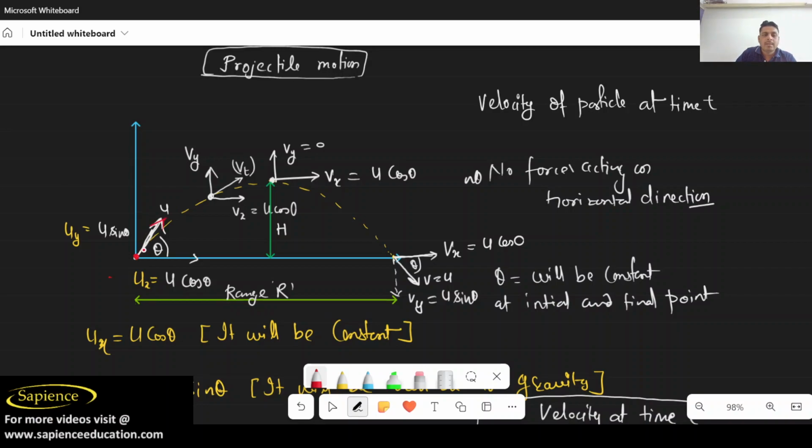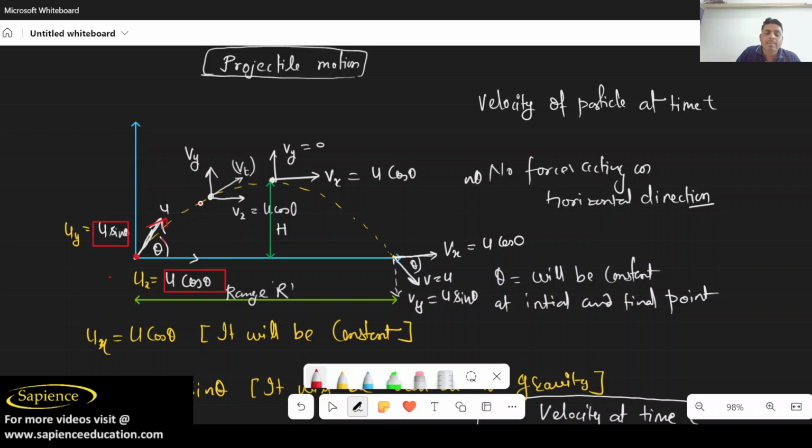It will go in an upward direction, and due to gravitational force it will follow projectile motion. Let us consider the initial velocity as u, projected with an angle theta. It has two components, u cos theta and u sin theta.